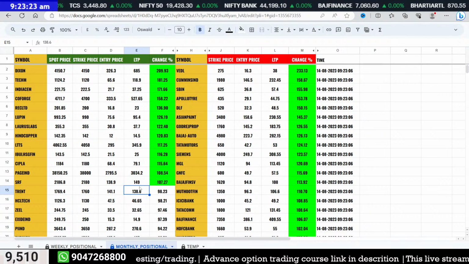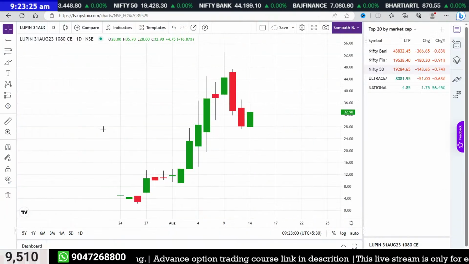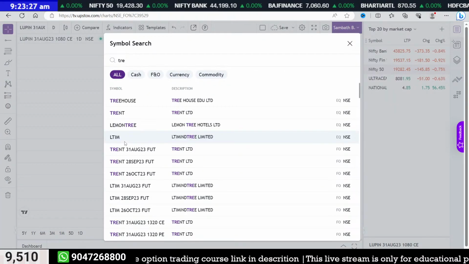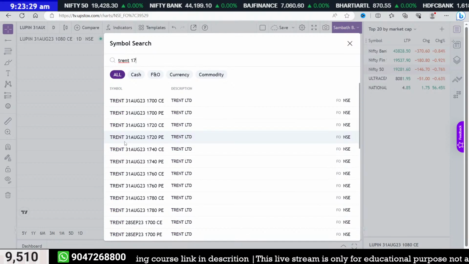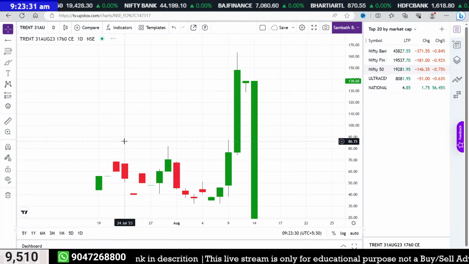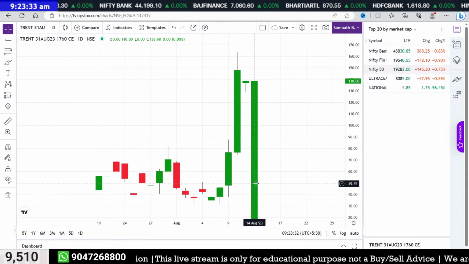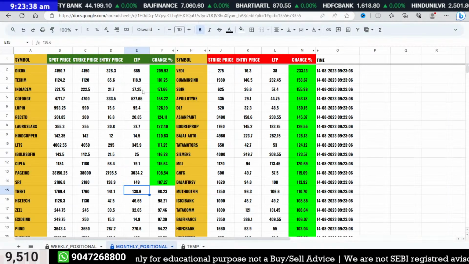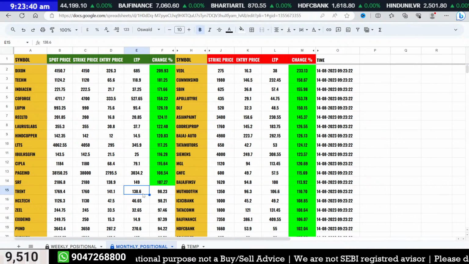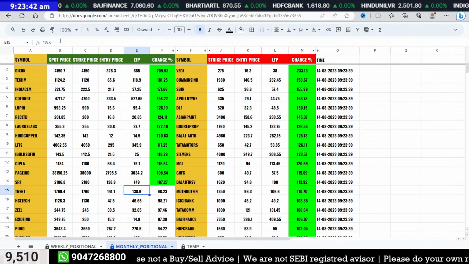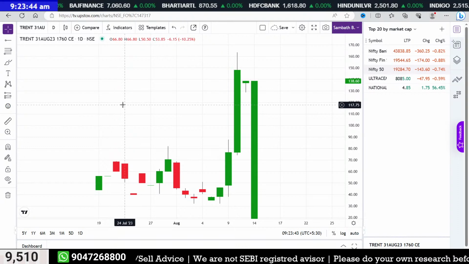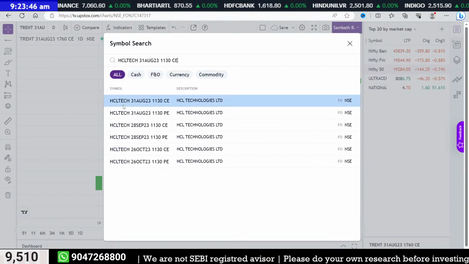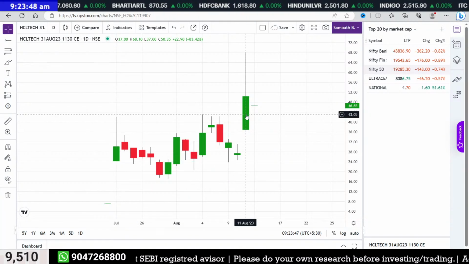Okay, so let me go for trend 1760. I think it was showing zero. Look at this, I think it was some data mismatch. Trend already 163 previously. That was not today's new entry, it's an old entry. STL Tech 1130, so that one also is a previous entry.